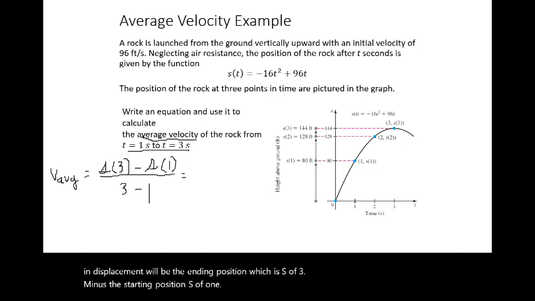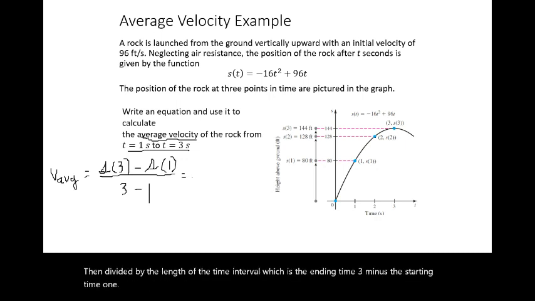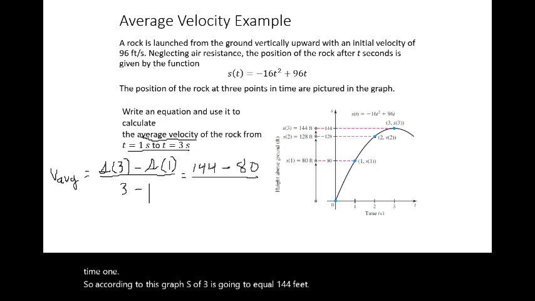According to this graph, s of 3 equals 144 feet. s of 1 is given as 80 feet, divided by 3 minus 1. You subtract first and then divide, giving you an average velocity of 32.